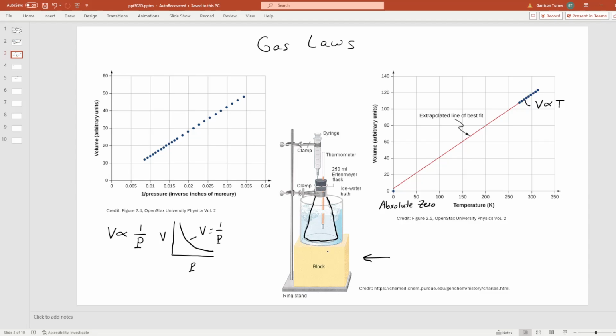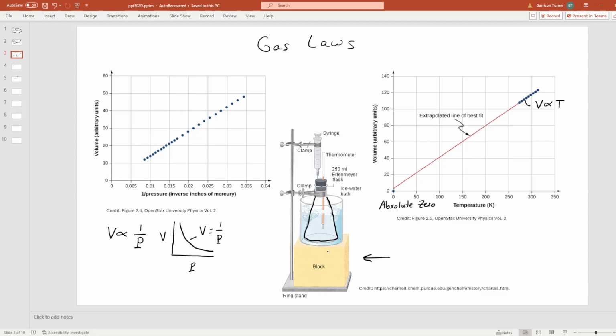So first things first, you place this in an ice bath, and sure enough, you'll achieve some sort of temperature. Your thermometer will have some sort of reading, and there will be a certain volume of gas in the syringe. Then you remove the ice bath, and you can put, say, a heat bath, maybe a container filled with boiling water, right?